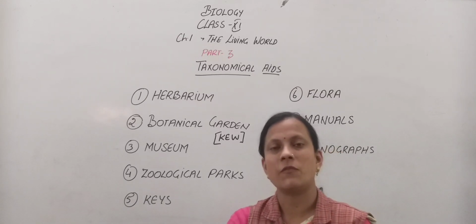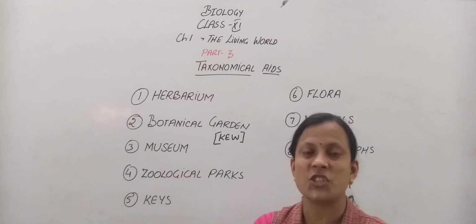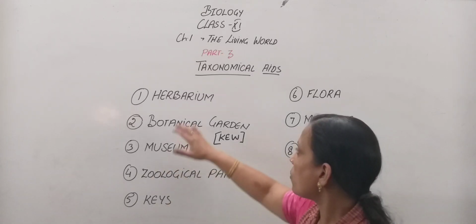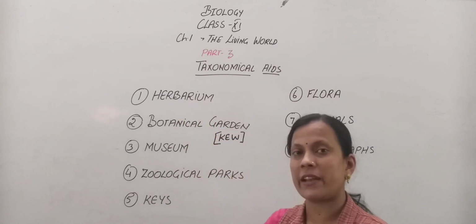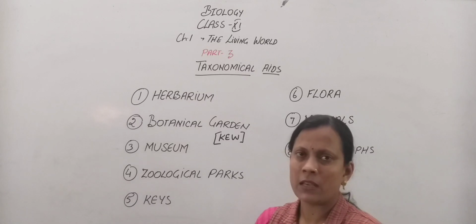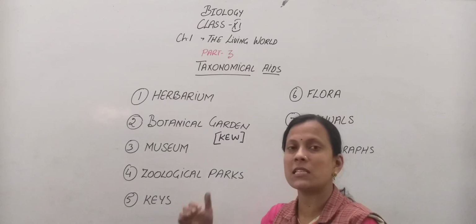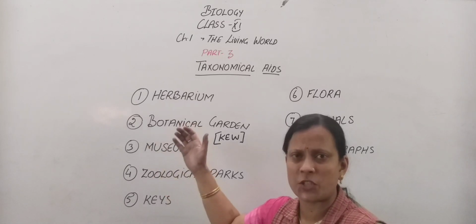What is the significance of drying? It keeps the plant in its original shape. So a herbarium is a collection of dried specimens kept in sheets, as a library contains a number of books. A herbarium has a number of sheets containing representative members of identified species.